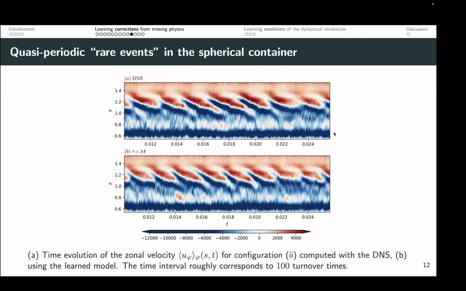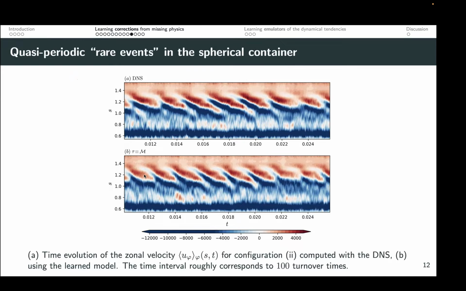And so this is very interesting because the learning was only done on 1 turnover time, so it corresponds to like 1 centimeter. It's very small compared to the horizon of simulations that I show here. But only training using a very small temporal interval, we are able to learn the drift of the jets.